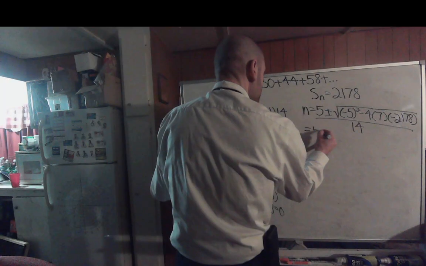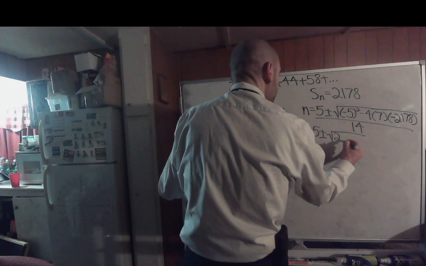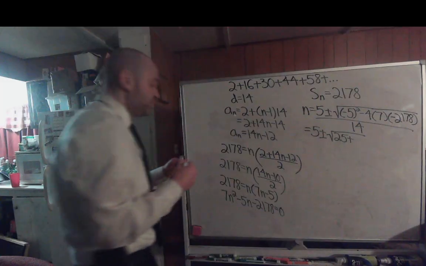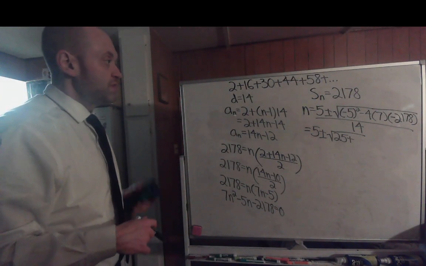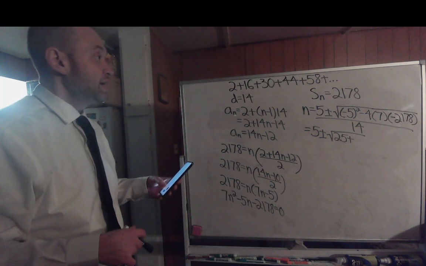So this is going to equal 5 plus and minus the square root of 25. No, negative times negative will become a positive. So let's figure out 4 times 7 times 2,178.